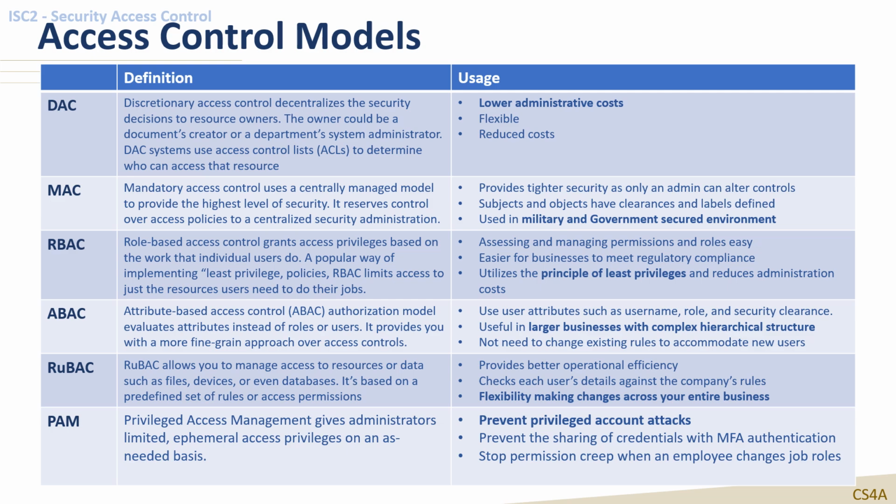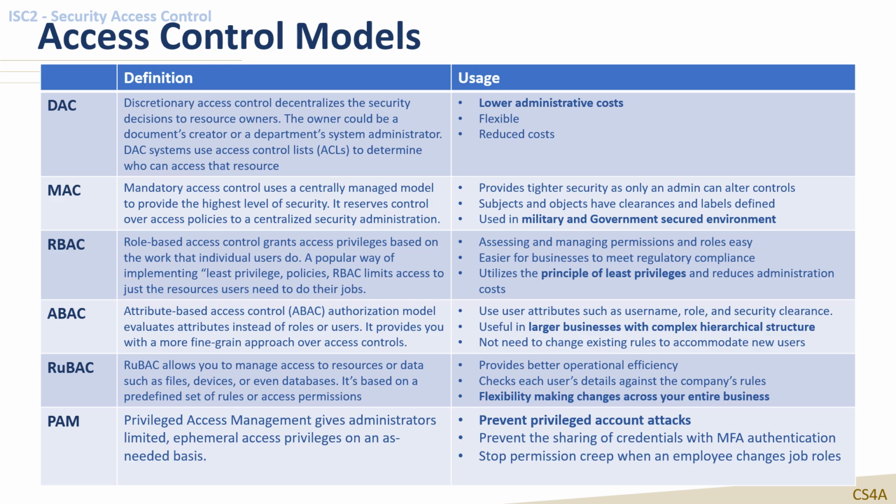Here it uses user attributes such as username, role, and security clearance to decide the access permission. It is mainly used in large businesses with a complex hierarchy, so that they can use any number of user attributes to decide user permissions.